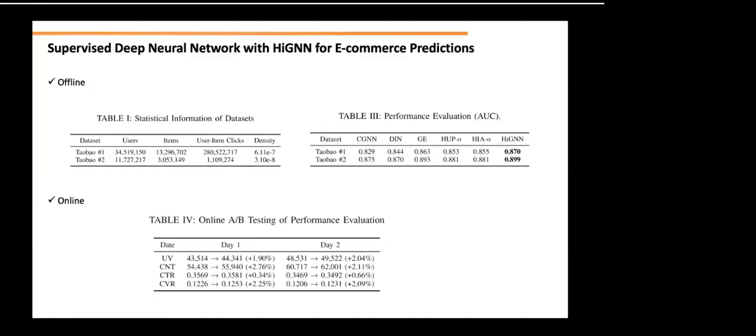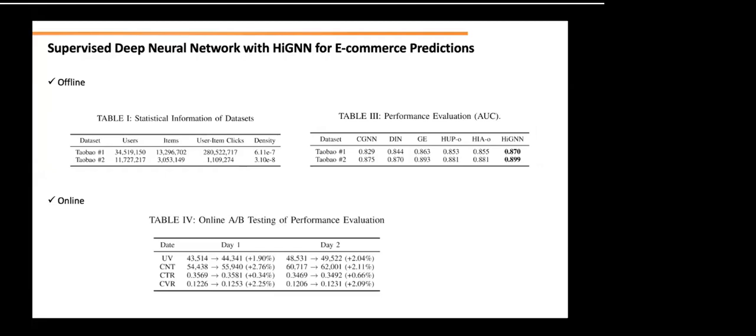We apply our model on the real Taobao e-commerce online system for new arrival products to solve the cold start problem. Table 4 reports the results of improvement of UV, CNT, CTR, and CVR on 2 testing days. The results show that our proposed method increases commercial values under all e-commerce evaluation metrics.